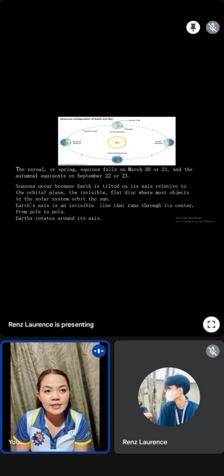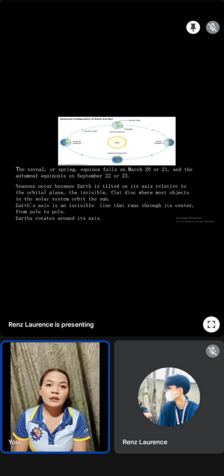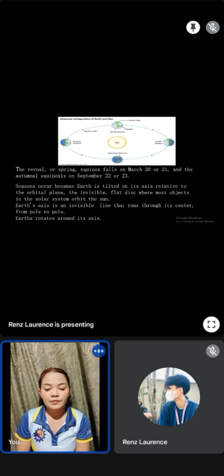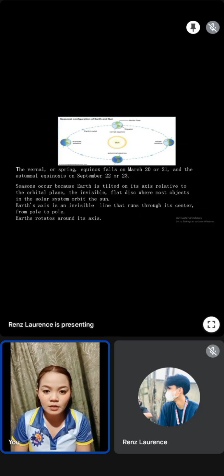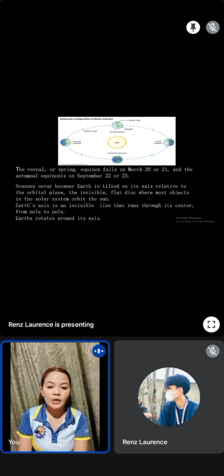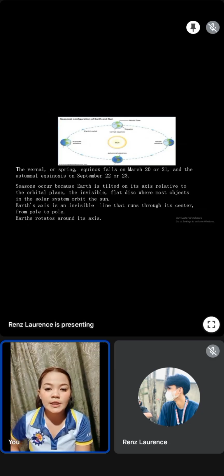If the summer siya, the tilted Earth is near the sun, moong taas ang day and shorter ang night. Earth's axis is an invisible line that runs through its center from pole to pole. Earth rotates around its axis.